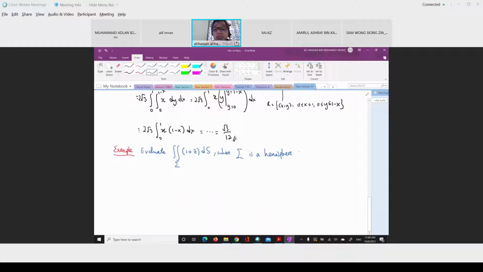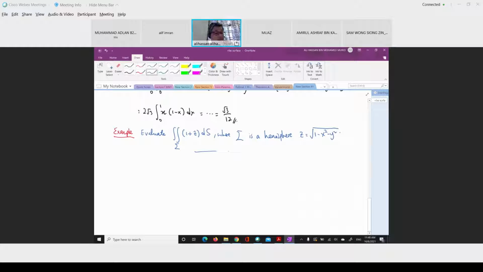z equal to the square root of 1 minus x squared minus y squared. So this is just evaluation of a surface integral here, nothing to do with density or mass. Just evaluation.